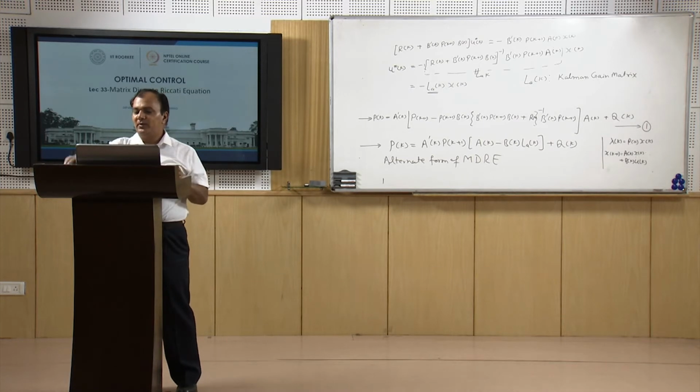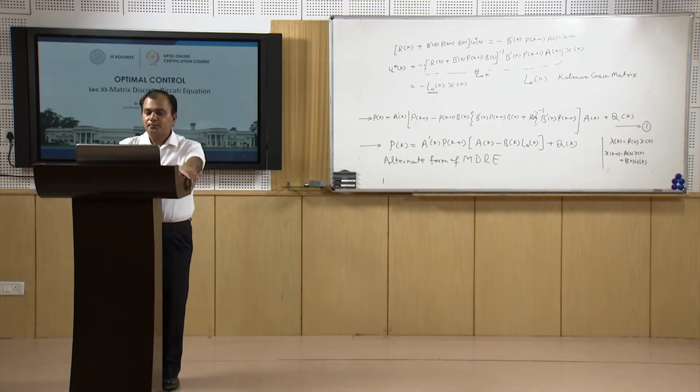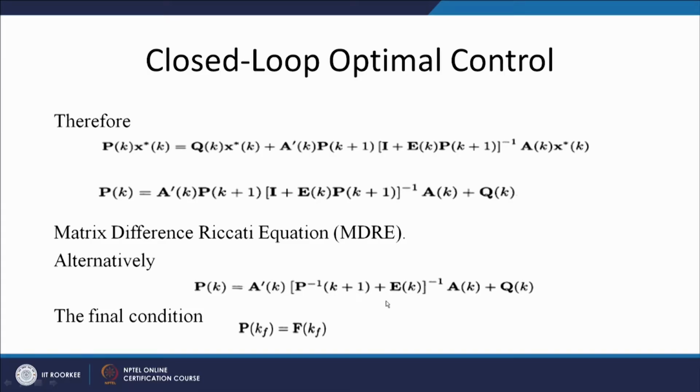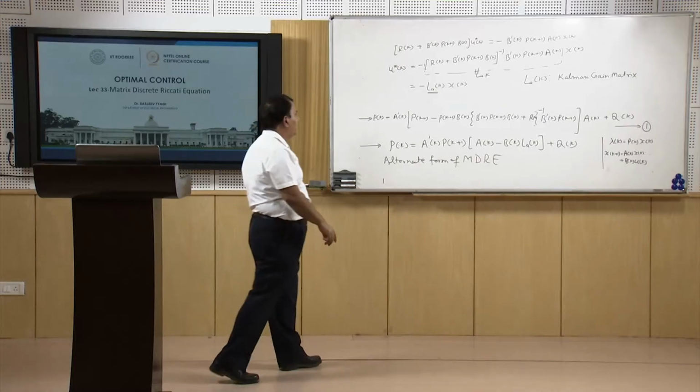One can also develop another form of the difference Riccati equation. In a time varying case, we have one form of the matrix Riccati as P k equal to A prime k P inverse k plus 1 E k minus E k the whole inverse A k plus Q k, but by this our U k requires the transpose of the inverse of the A transpose matrix.